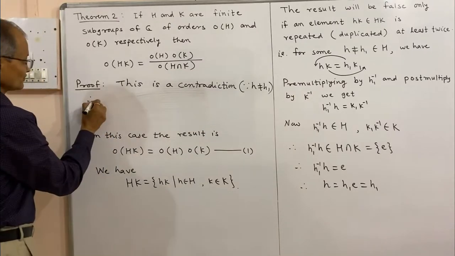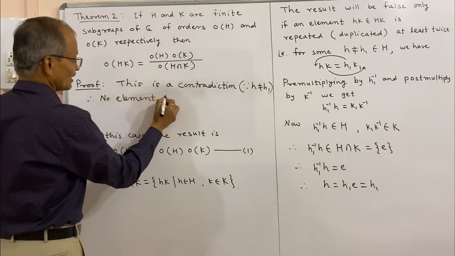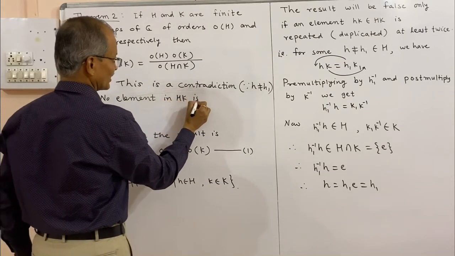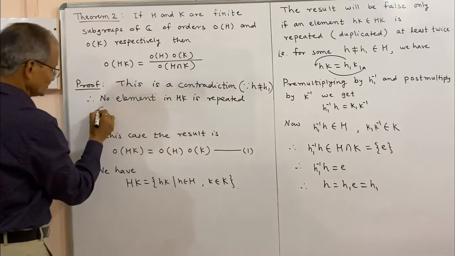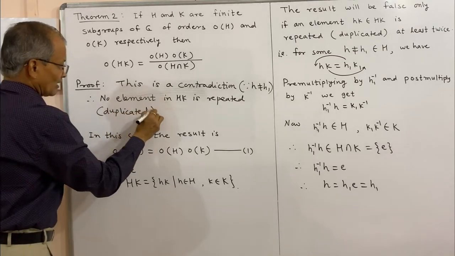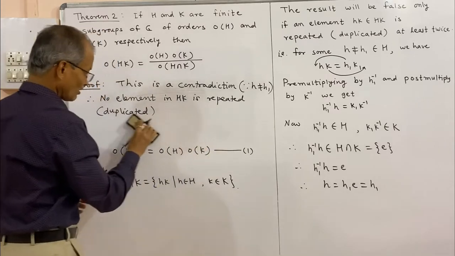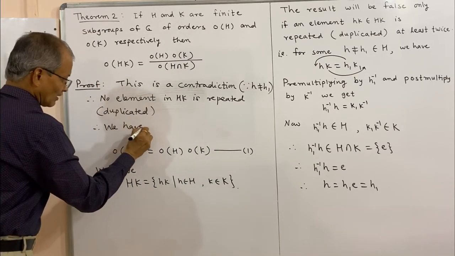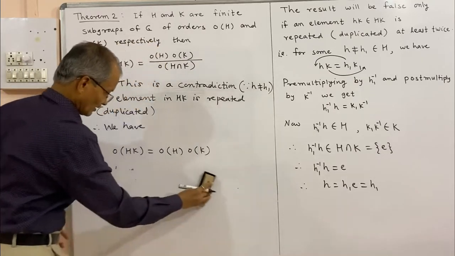Therefore, no element in hk is repeated or duplicated, and thus we get the result. Therefore, we have order of hk is equal to order h into order k.